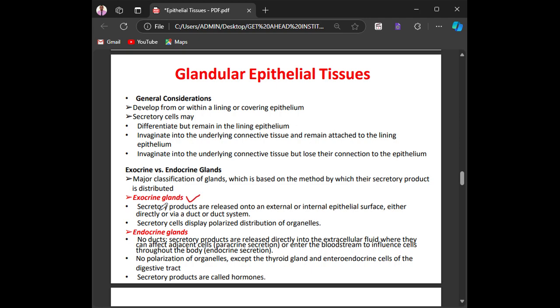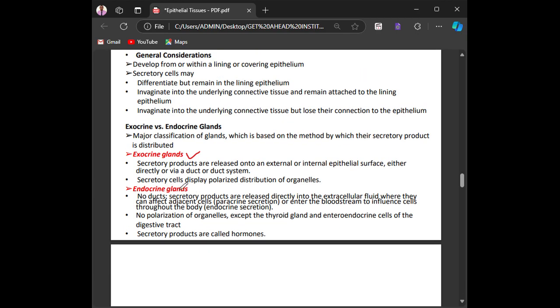Their secretory products are released onto an external or internal epithelial surface, either directly or via a duct or duct system. Then we also have endocrine glands. Endocrine glands do not have ducts, and the secretory products of endocrine glands are known as hormones.